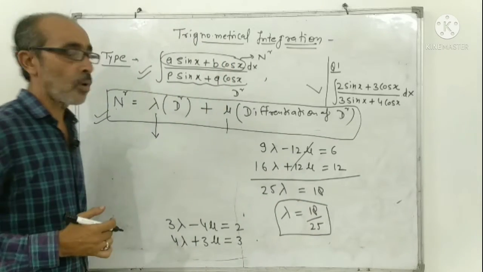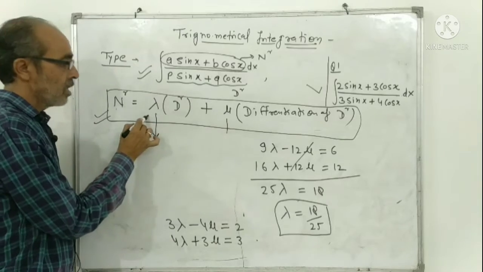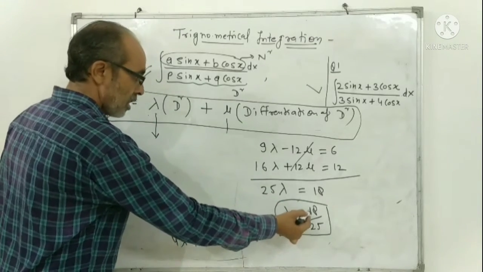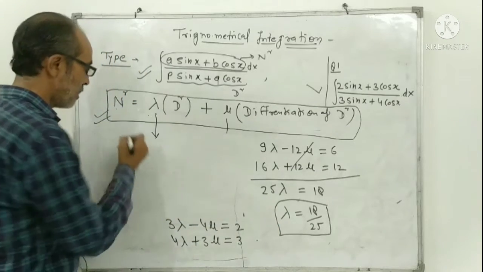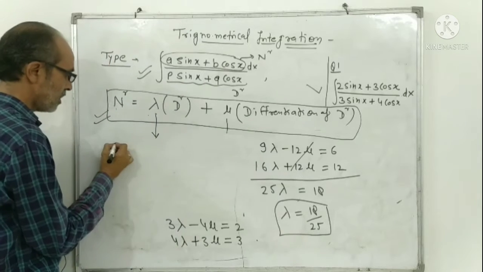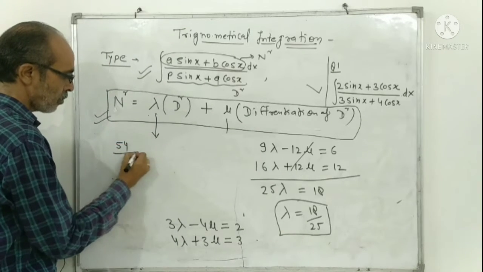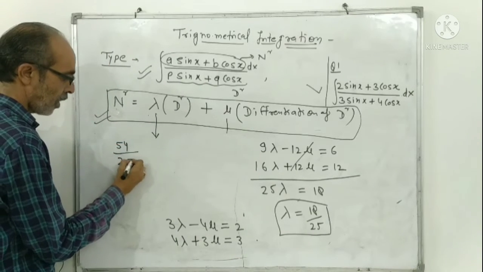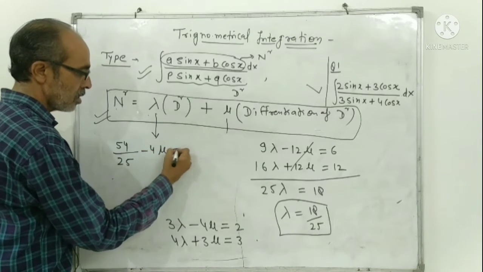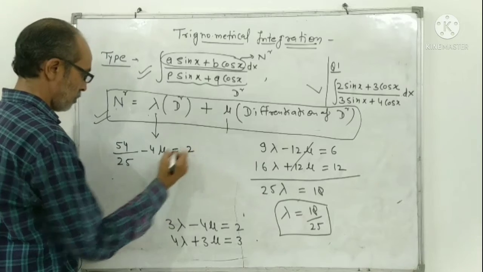The first unknown constant lambda is 18 by 25, and we put these values in this equation. Then 3 multiplied by 18 upon 25 is 54 divided by 25, negative 4 times mu is equal to 2.